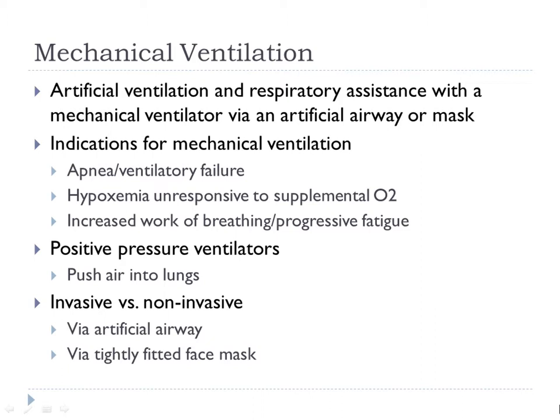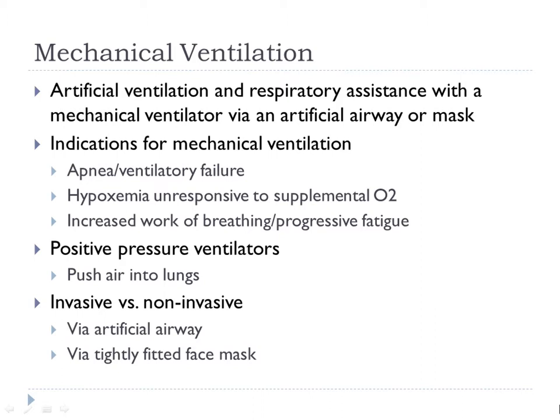Remember from A&P that our natural respiration is a negative pressure system. Inside of your chest is negative pressure, and when your diaphragm falls, it creates negative pressure in your chest cavity and pulls air passively, very nice and easy, into your lungs. With a ventilator, it's the opposite. The patient is getting air by air being pushed into the lungs.